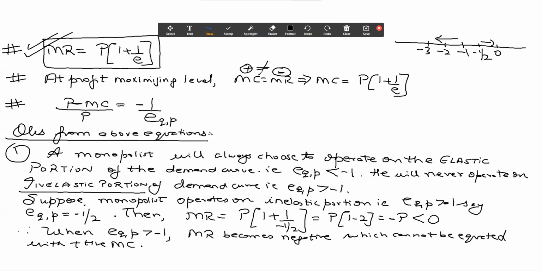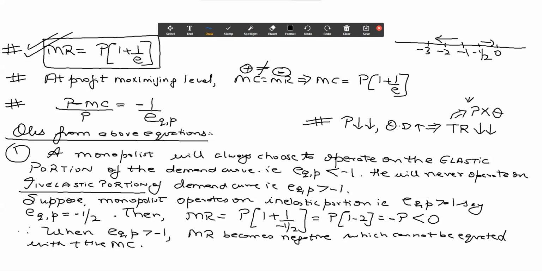You can even look at it logically. If the demand is inelastic, when the monopolist reduces its price, quantity demanded will go up only by a tiny amount, which will cause the total revenue of the monopolist to fall, because total revenue is price into quantity.